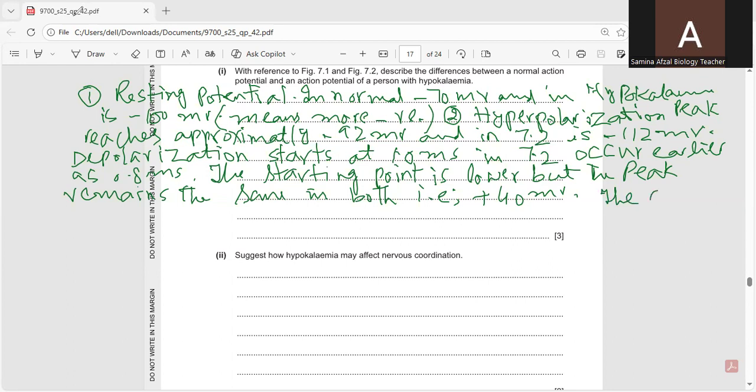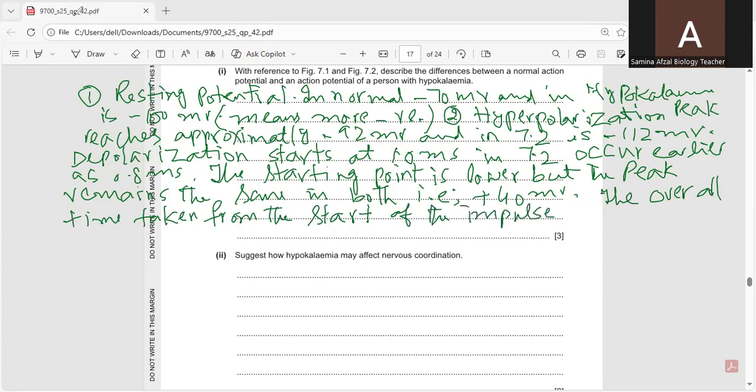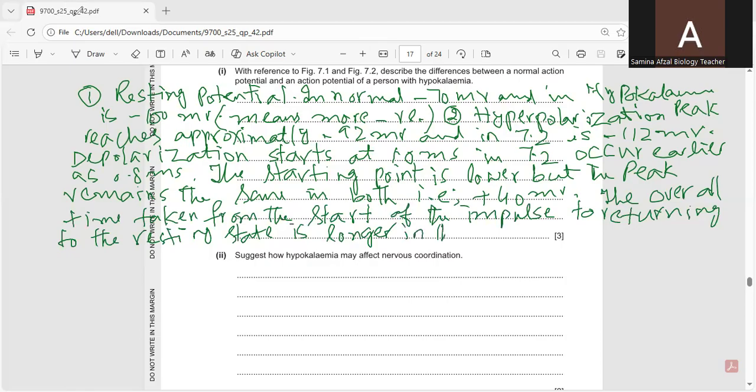The overall time taken from the start of the impulse to returning to the resting state is longer in graph 7.2.